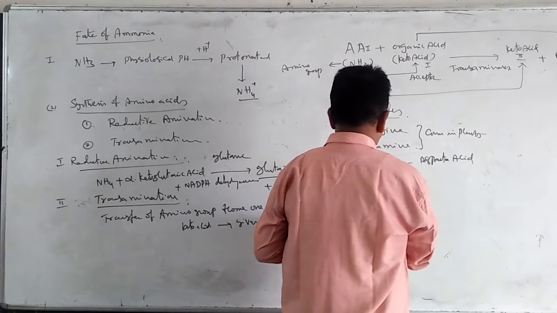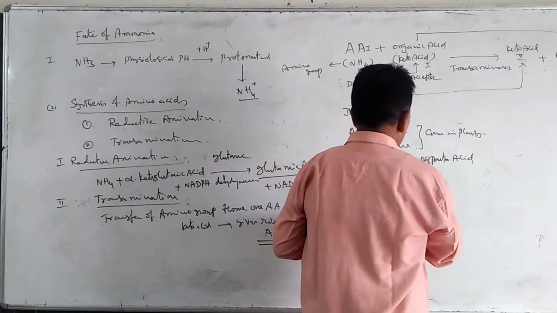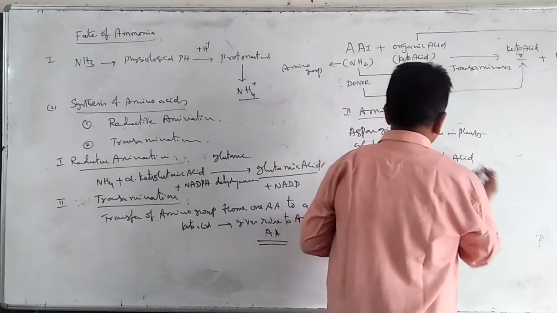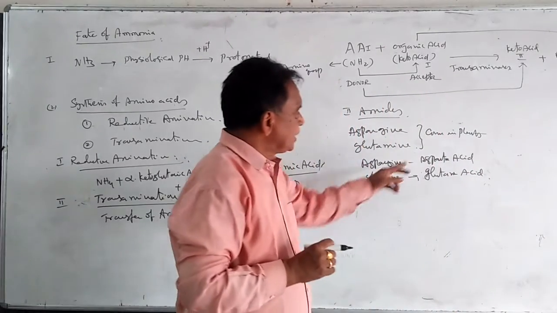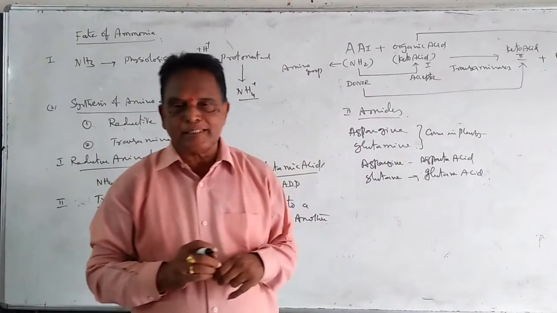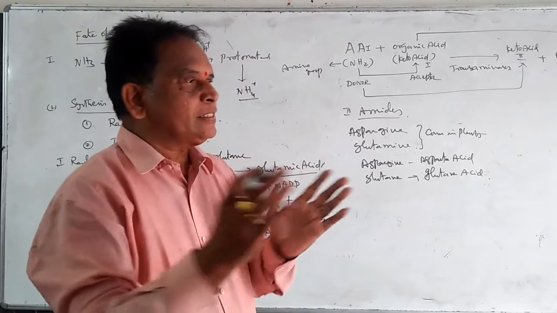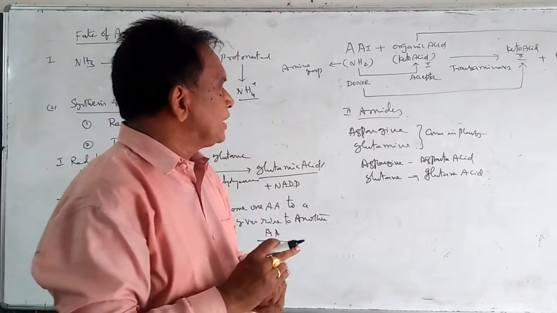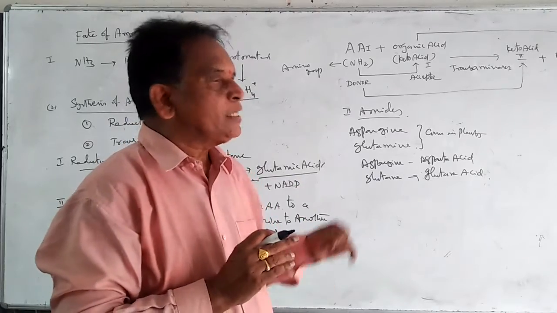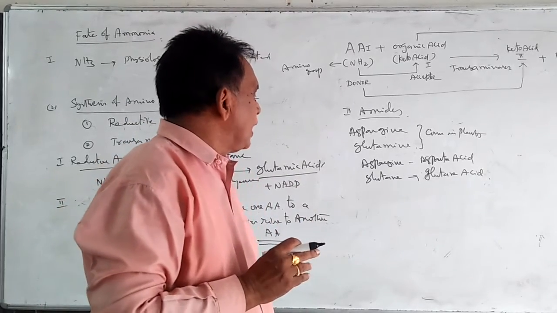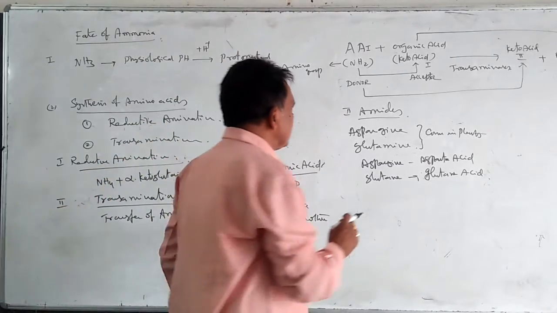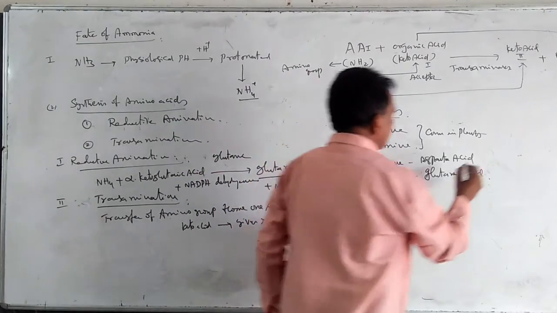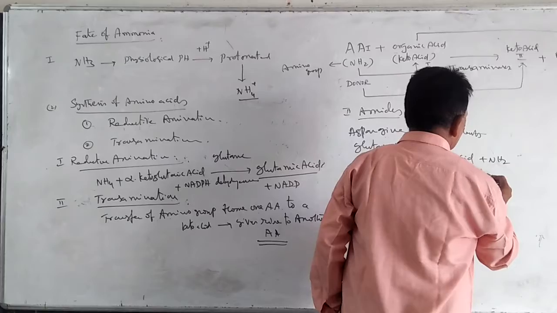Similarly, glutamine is produced from glutamic acid. Aspartic acid and glutamic acid are amino acids. By the addition of amino groups, those amino acids are again converted to asparagine and glutamine.